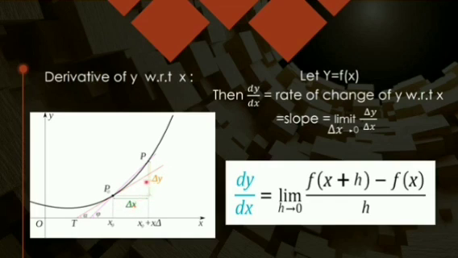Now what happens when I am talking about the derivative? This is limit delta x tends to 0. It means this value of delta x has to be very, very small, but not 0, because I can't take it 0. Zero means I am talking about a straight line graph, with no use of slope.